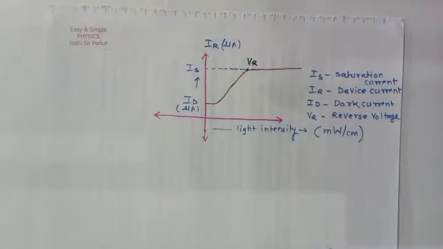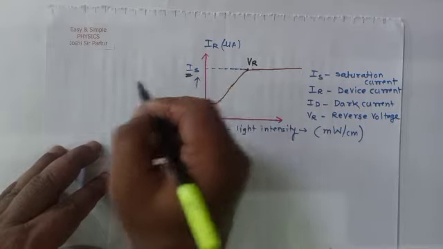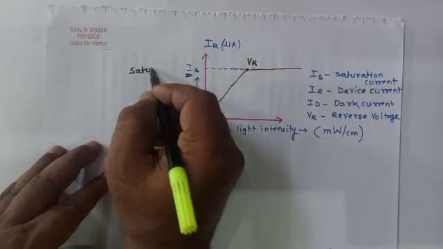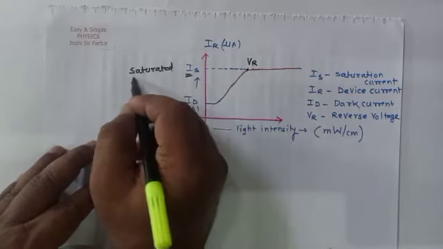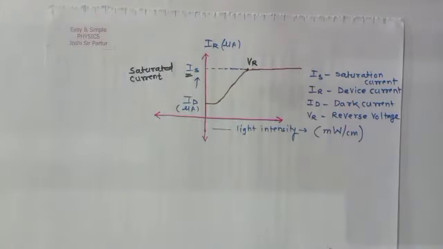Such a constant current at a particular voltage is called the saturated current of the photodiode.